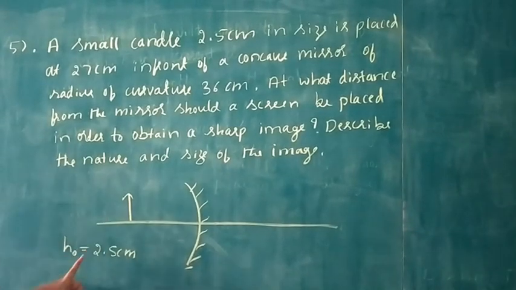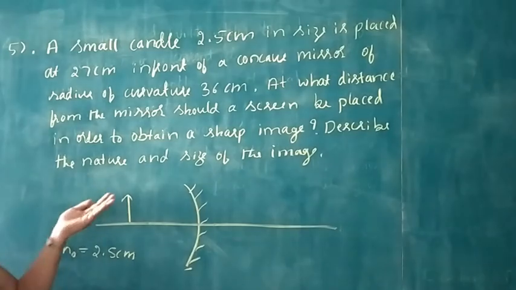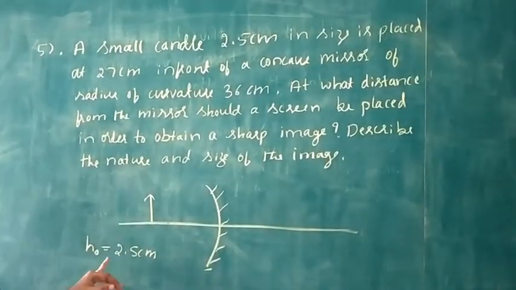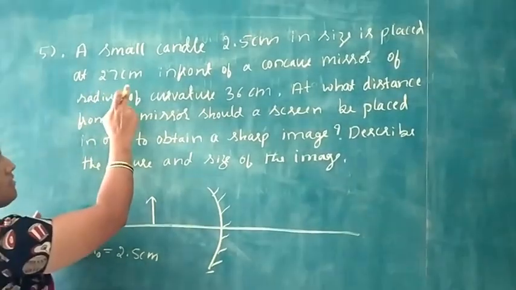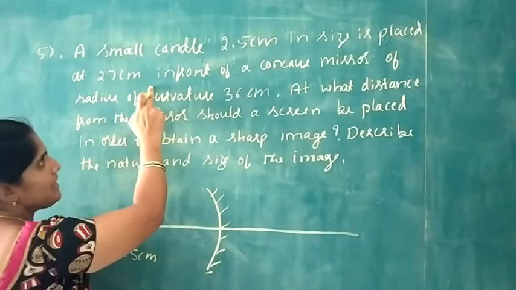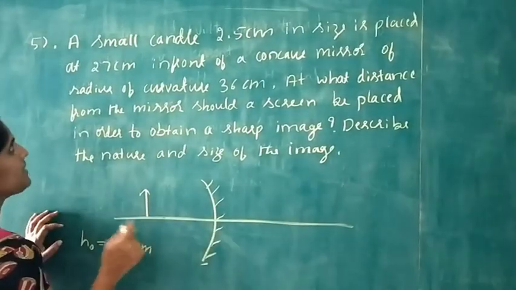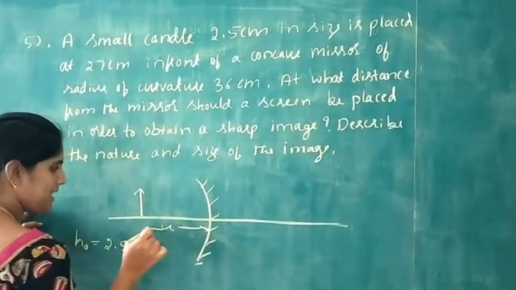Here we place the positive sign because heights measured upward are taken as positive. Heights measured downwards are taken as negative. Okay, therefore H0 is equal to 2.5 centimeter. It is placed at a distance of 27 centimeter in front of the concave mirror. The object distance is 27 centimeter. That is, U is equal to 27 centimeter.